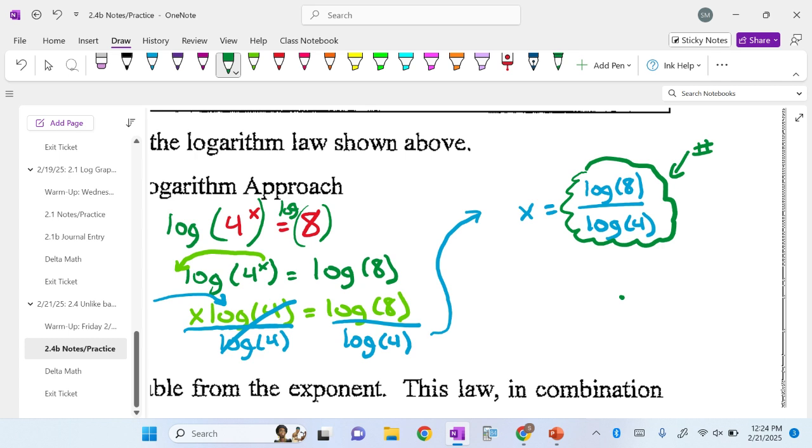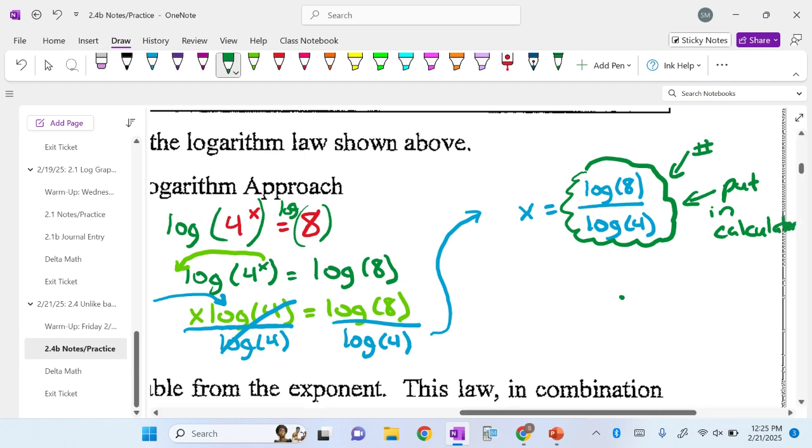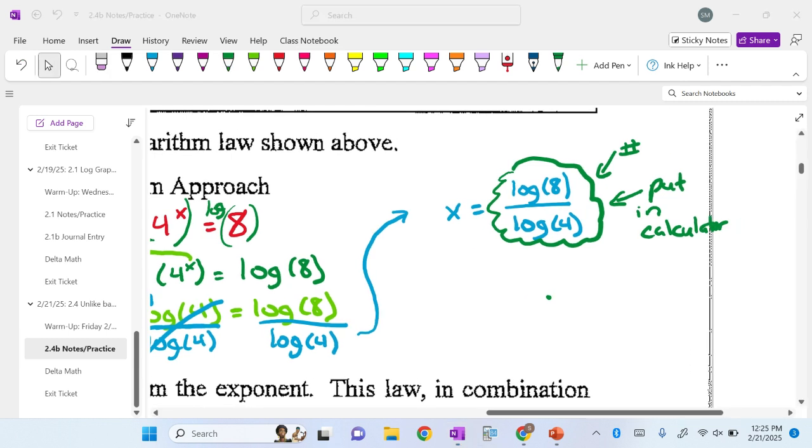We put it where? What's something that we have used to do things that we don't want to calculate on our own? The calculator. All you've got to do is put this in the calculator and you get your answer. So this is why I told you you need a calculator.